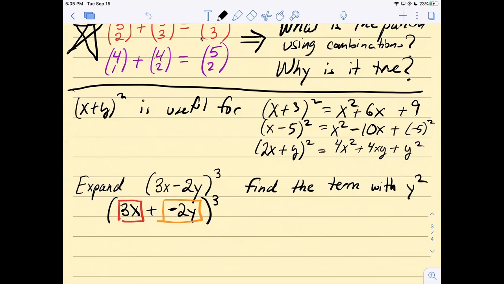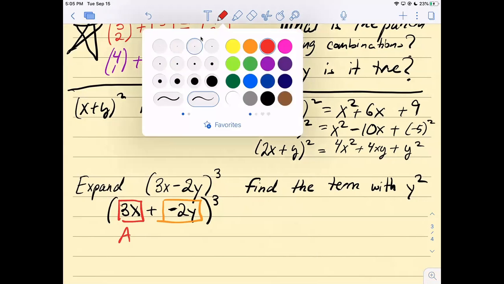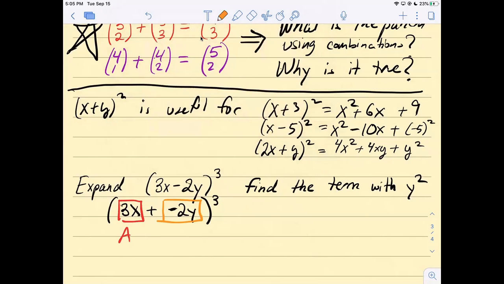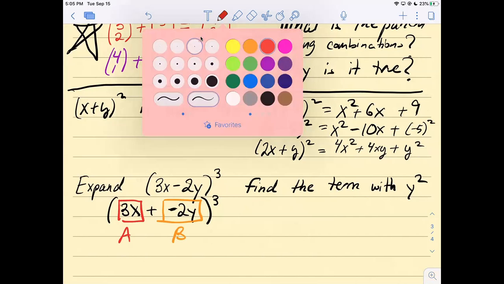I thought of 3x and negative 2y, and I just replaced them with a and b. Okay, that's good. Yeah, that's exactly what we're doing. We're getting something that looks complicated, and instead of x plus y, we're writing a plus b. And then I thought of the possibility that had the y squared term, and that was ab squared. Nice.